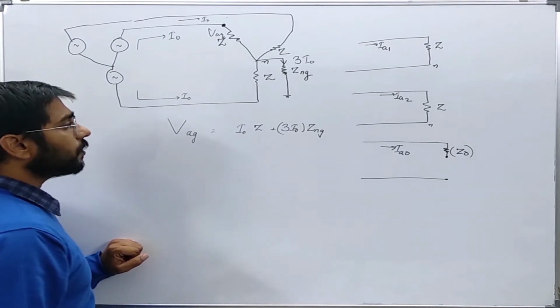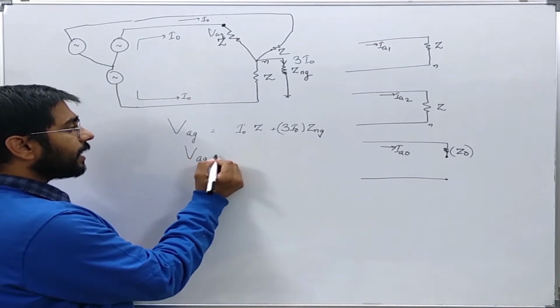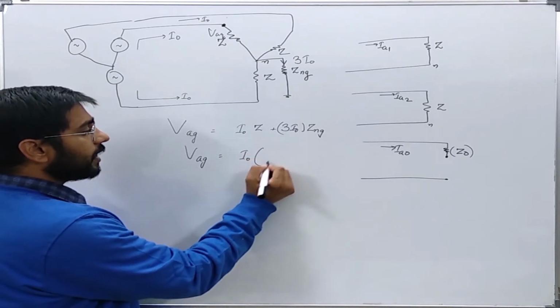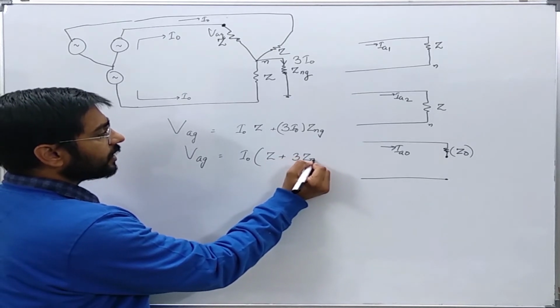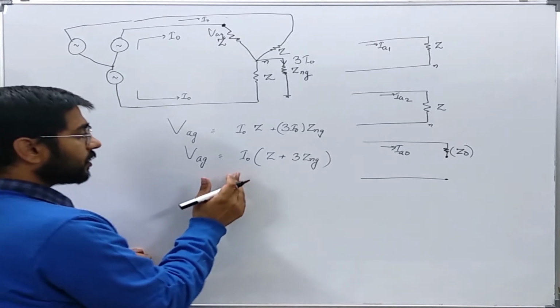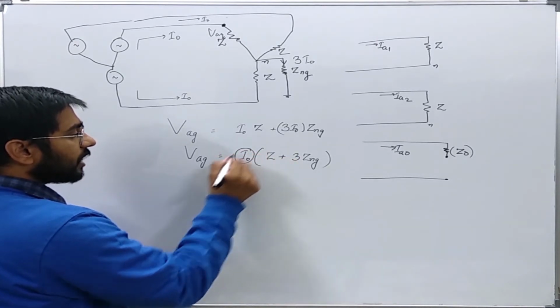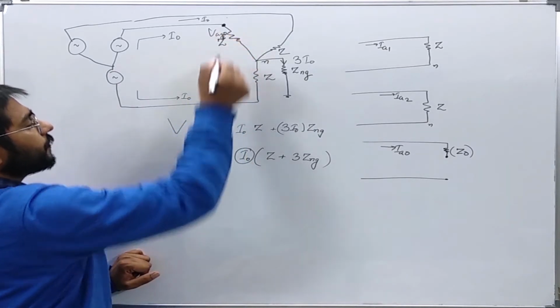If I take I0 common and write it like this, Z plus 3 times Z_G, then I will get the same value. But it shows that the impedance offered to zero sequence currents, this will be the zero sequence voltage only.